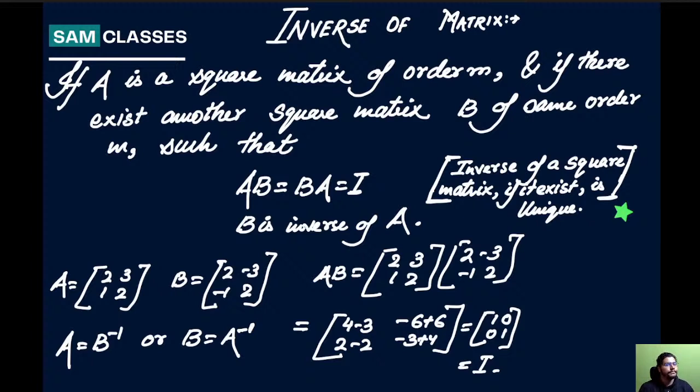Anybody? Come on. Inverse of 2 other than half. Nothing? Correct. So inverse is always unique.